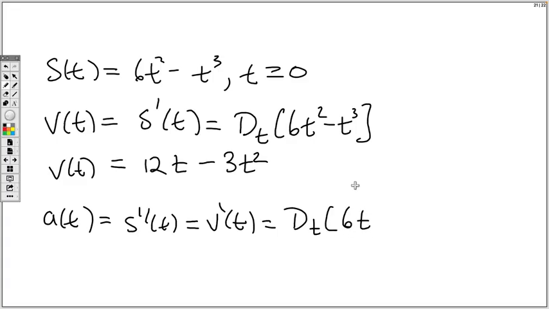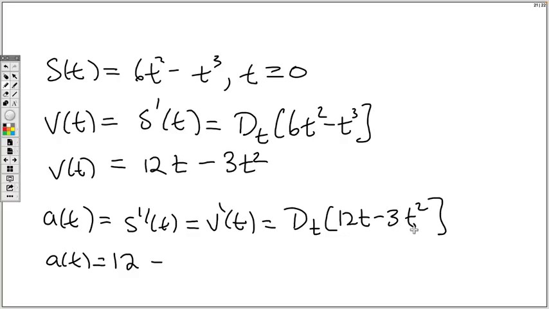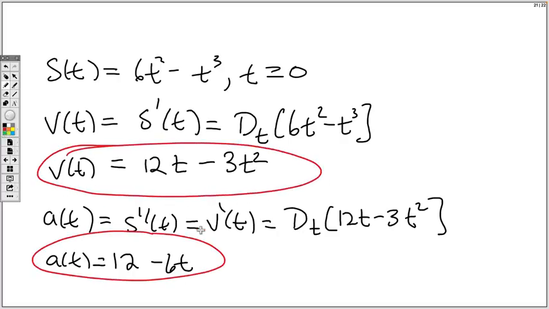All right, a of t is, what's the derivative of 12t? Minus, what's the derivative of 3t squared? 6t. So here are the expressions for velocity and acceleration.